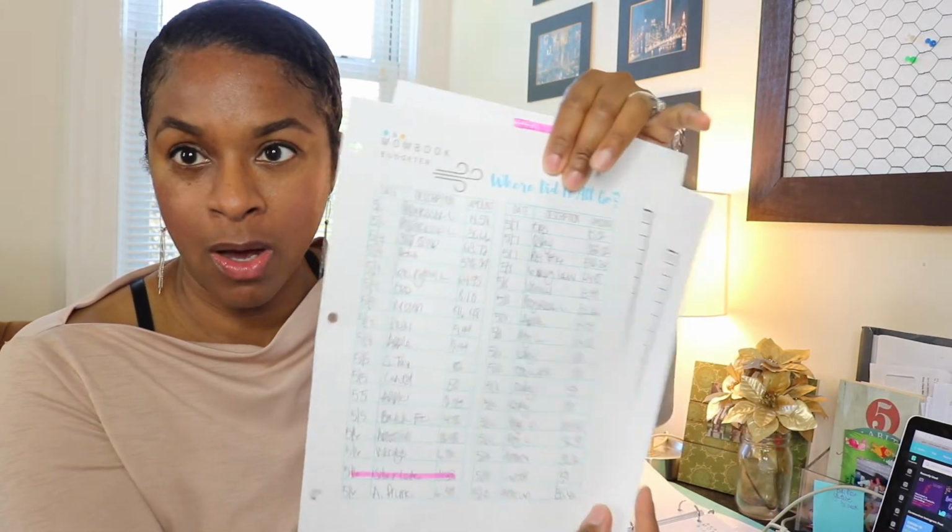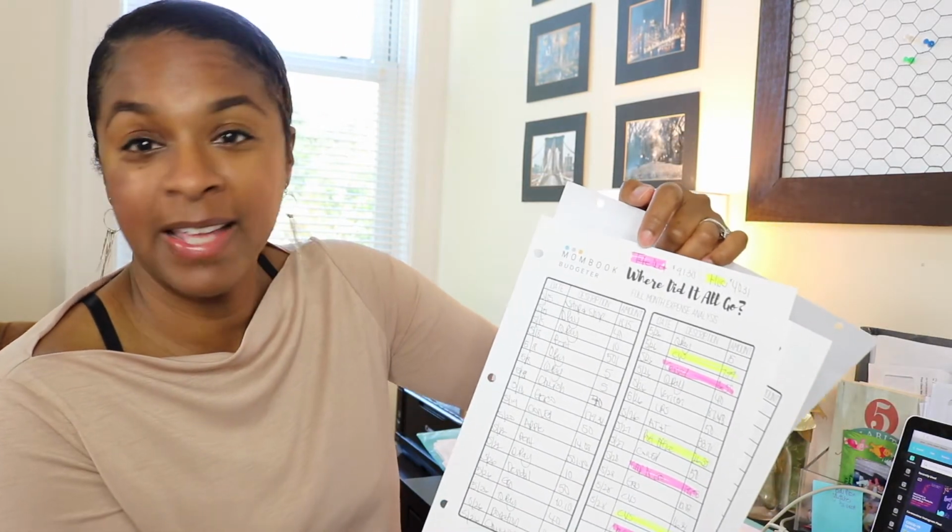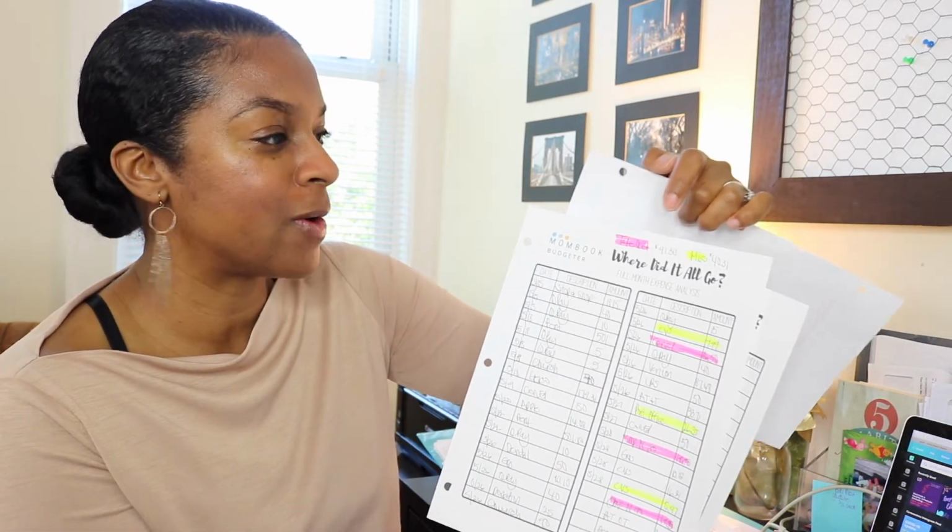On the where did it all go worksheet, I literally write down everything that I've done for the month, and it allows me to highlight if I had takeout under a certain category, or if I did miscellaneous expenses. For the month of May, we spend about $100 on takeout.